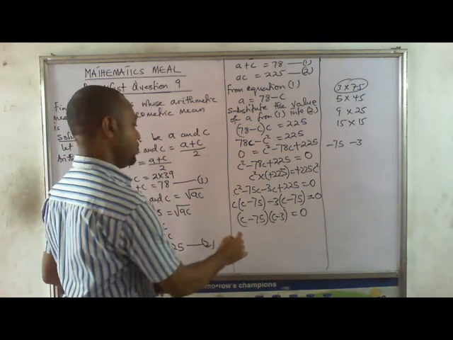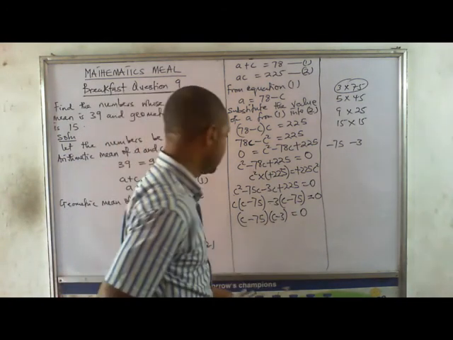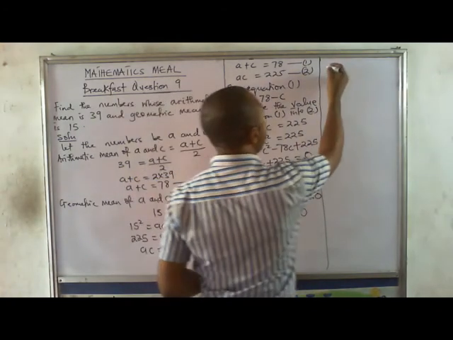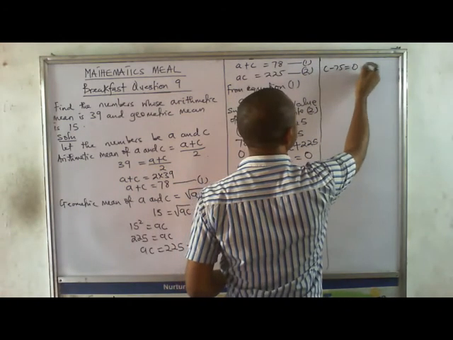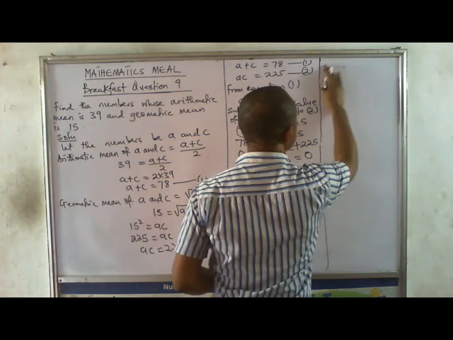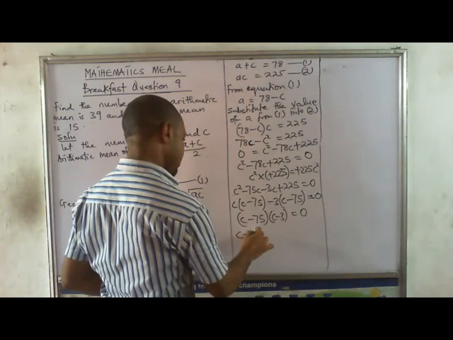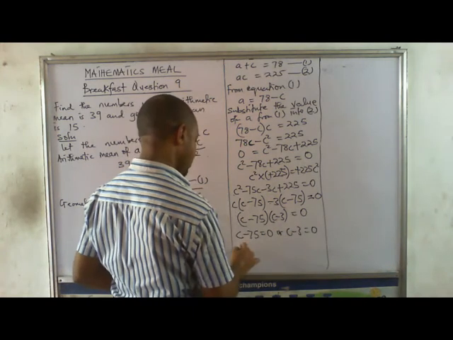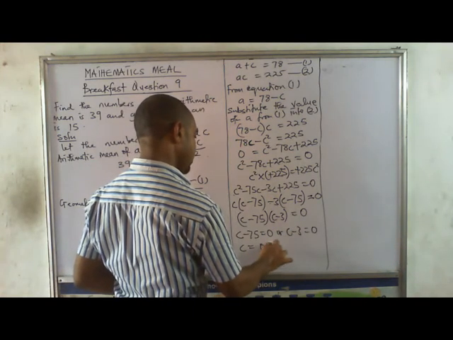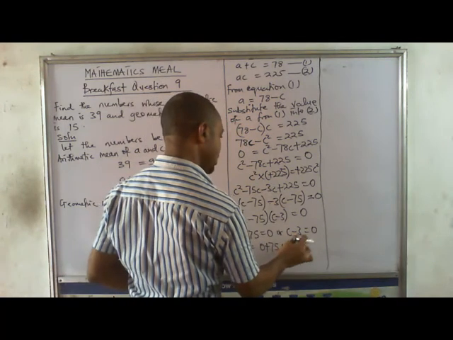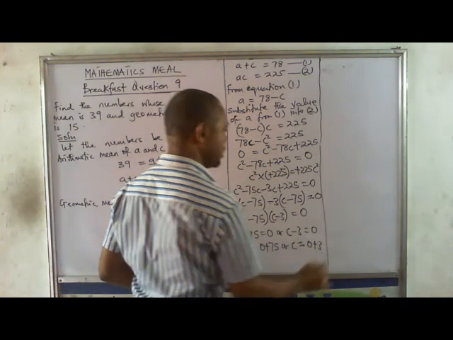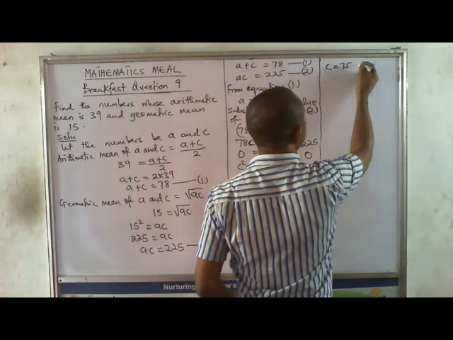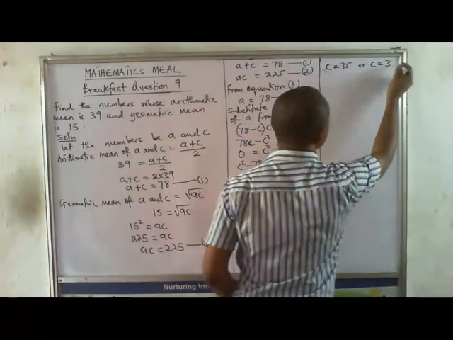So it means that C minus 75 equals 0, or C minus 3 equals 0. So C is equal to 0 plus 75, or C is equal to 0 plus 3. And that will give me C to be 75, or C is equal to 3.